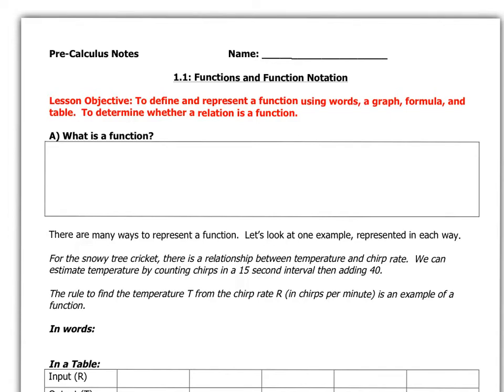So what we first need to talk about is, what is a function now? A function is something that you have defined in a couple different ways since probably Algebra 1, if not before that.